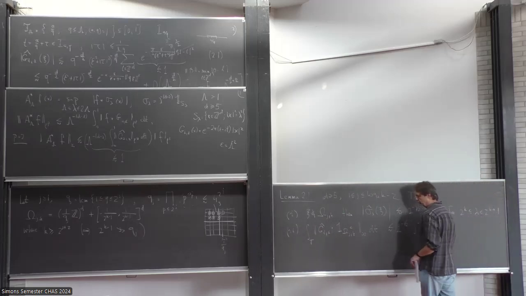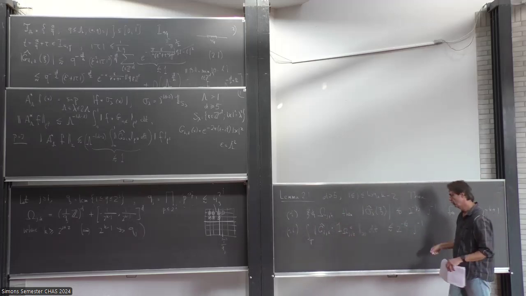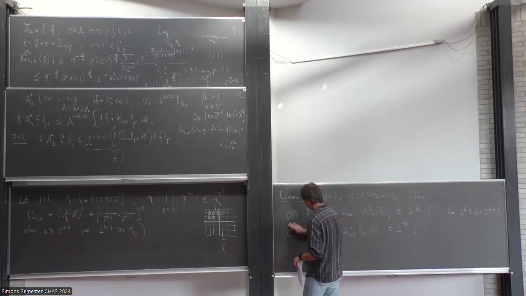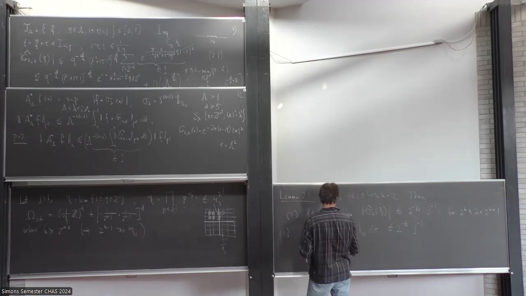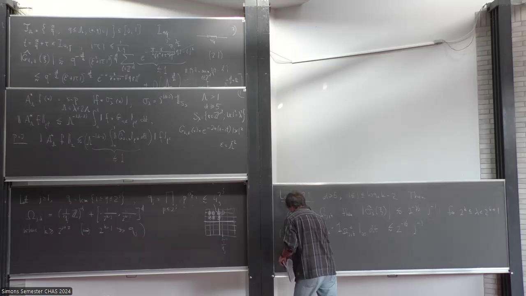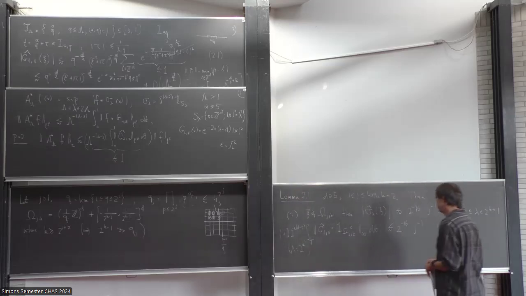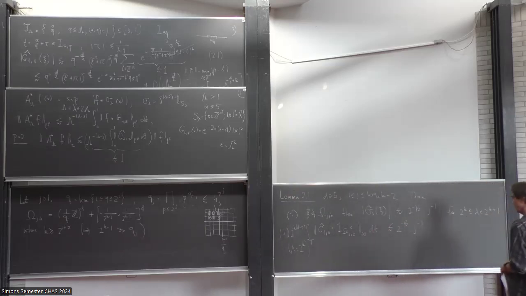So notice that without this restriction, we would just have an estimate with a normalizing factor. And so here, the scalar would be okay. So lambda to the minus d minus 2 is 2 to the minus k times d minus 2.